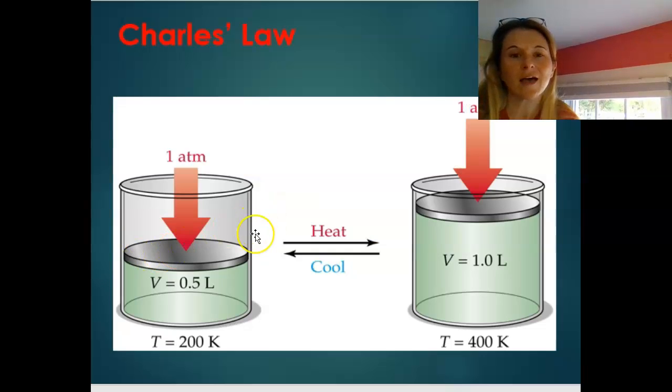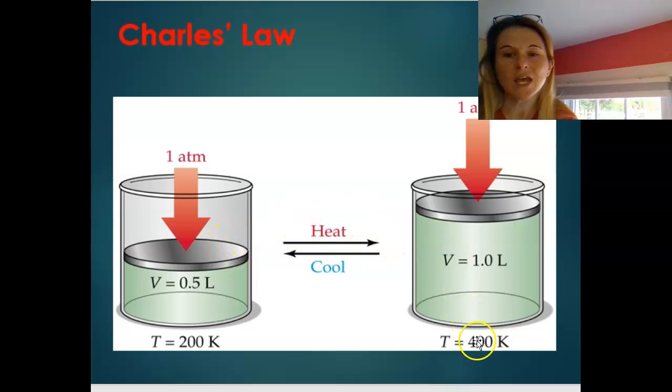And here, going back to our pistons, looking at an example, we have 1 atmosphere of pressure. We have a volume of 0.5 liters, and our temperature is 200 Kelvin. If we heat it, see how our arrow is going this way?